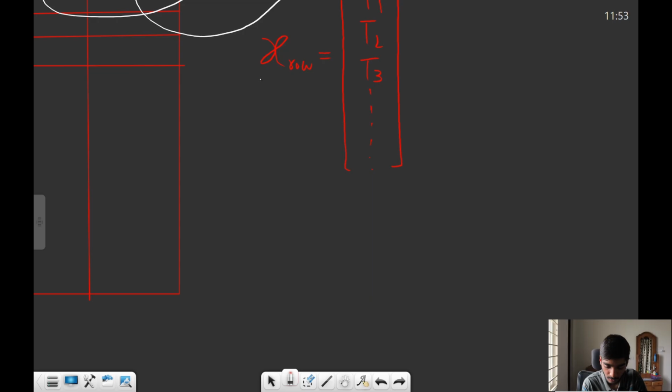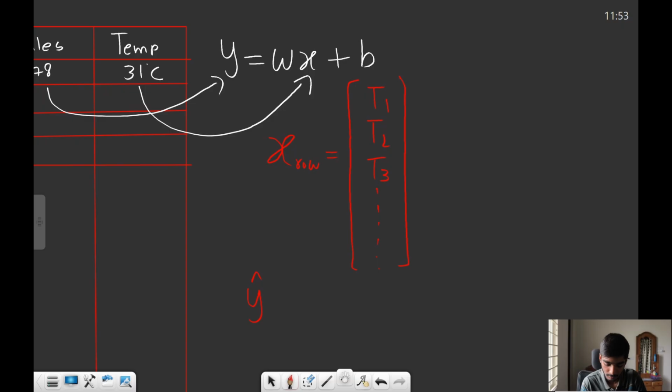The output values of y after passing x into the equation are called y cap, just like how you represent vectors in math. The predicted values based on the initial weight and bias we have chosen are called y cap.